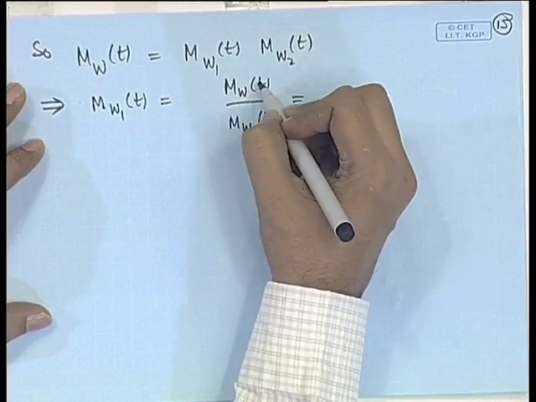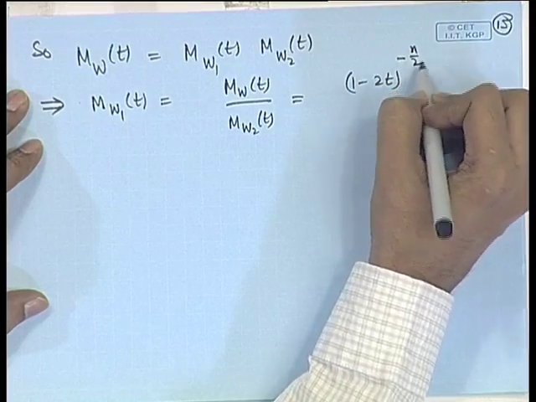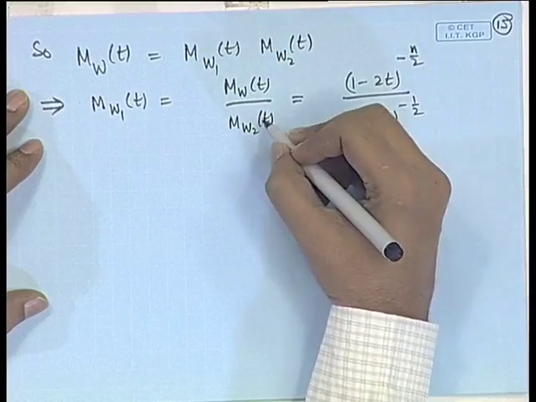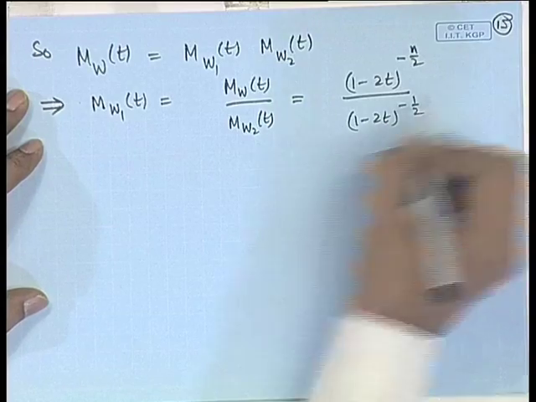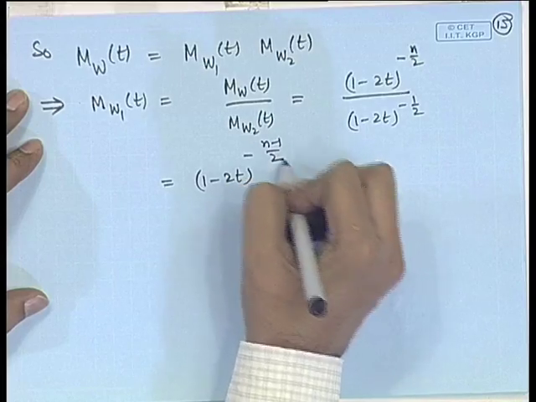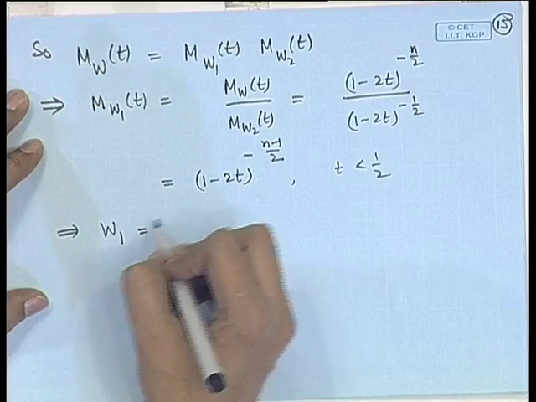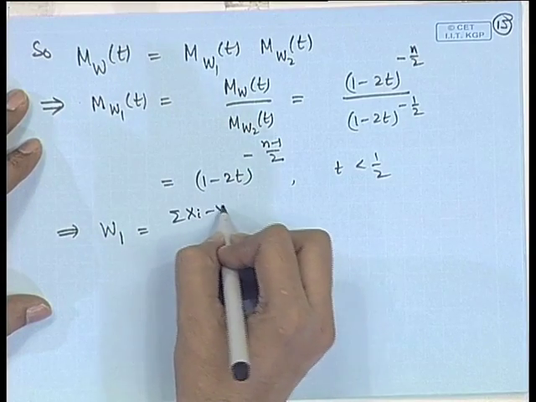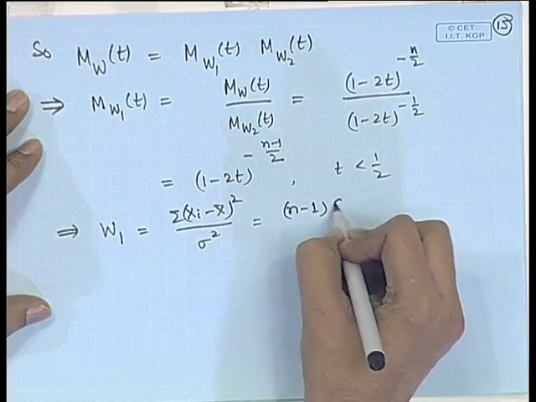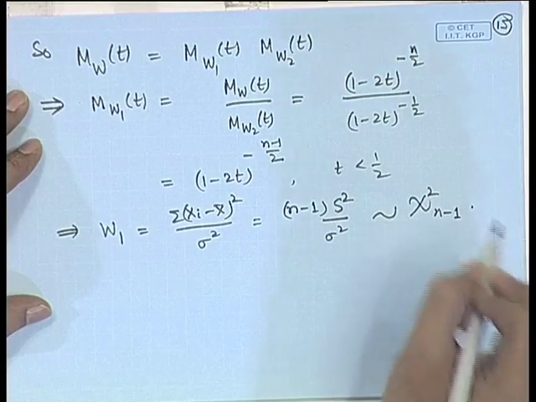Since the mgf of a chi-square variable is known, that is 1 minus 2 t to the power minus n by 2 divided by 1 minus 2 t to the power minus 1 by 2, because w 2 is a chi-square 1, this becomes 1 minus 2 t to the power minus n minus 1 by 2 for t less than half. That means w 1, that is sigma x i minus x bar whole square by sigma square, which we can also write as n minus 1 s square by sigma square, follows a chi-square distribution on n minus 1 degrees of freedom.